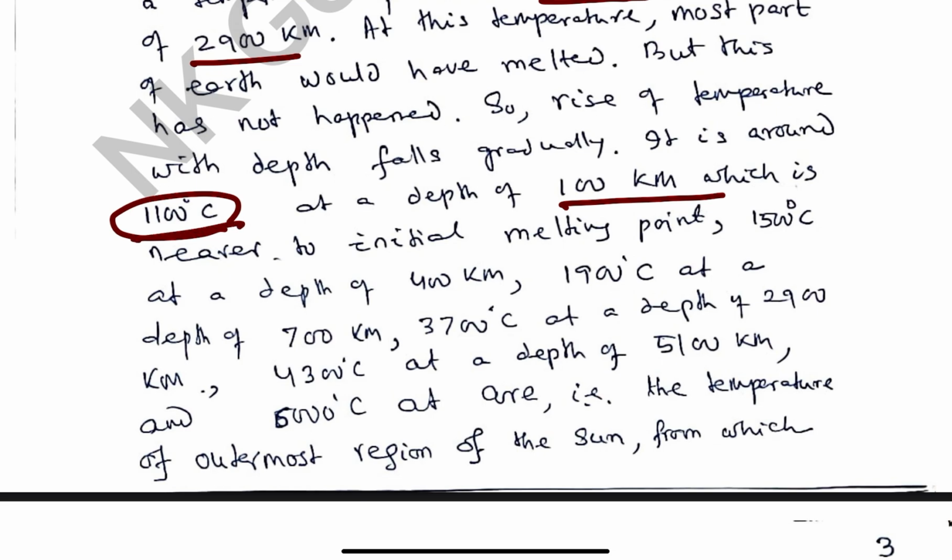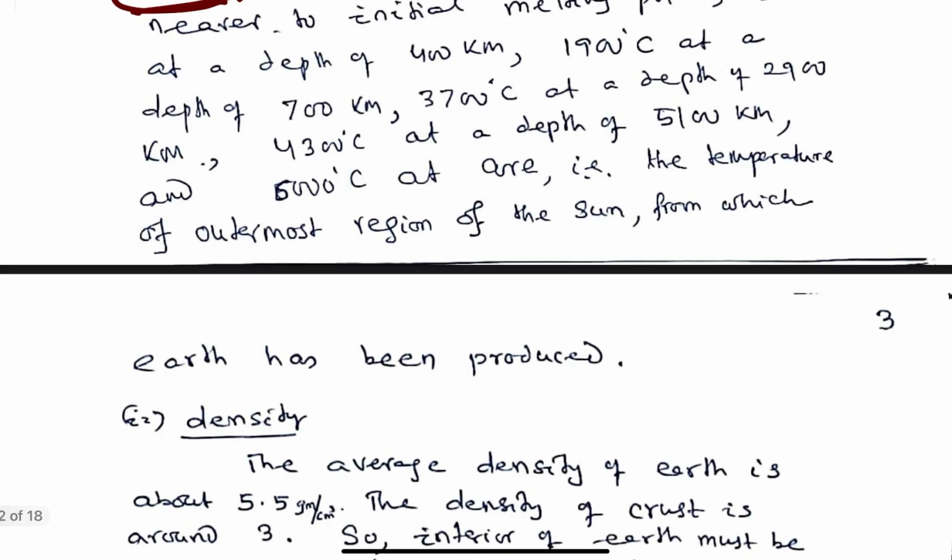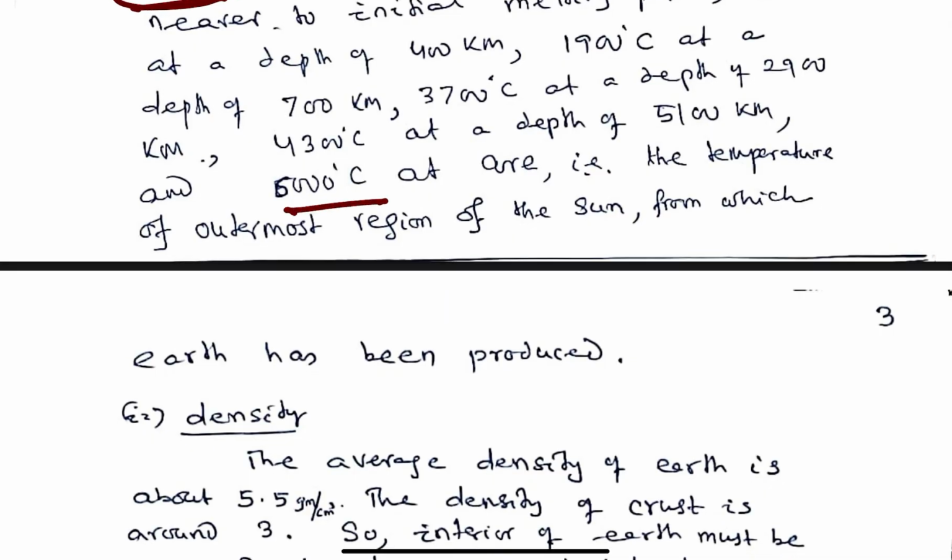That's why we can say that the temperature of the earth is around 1100 centigrade at 100 kilometer depth, and it is about 6000 degrees centigrade at the earth's core, which is at a depth of 6371 kilometers. And this temperature is equal to that of the outermost temperature of the sun, because earth is derived from the sun.